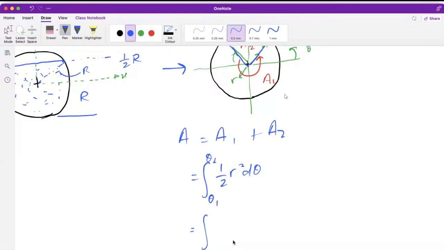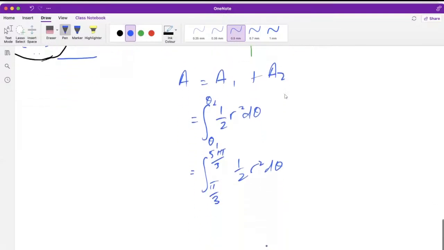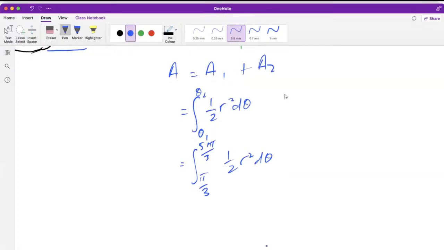So from pi over 3 to 5 pi over 3, that's how I define it, and this is half r squared d theta. When you simplify and evaluate the integration, you have this theta here.